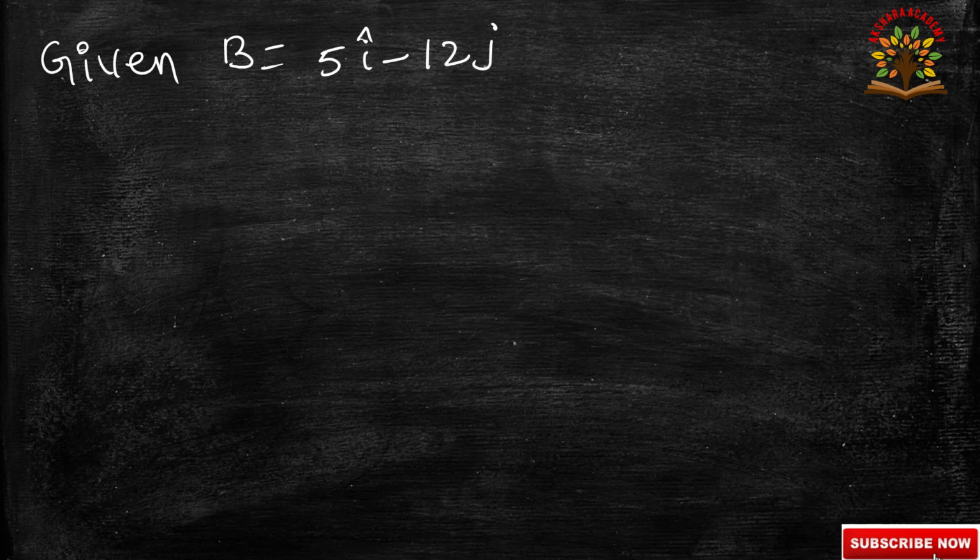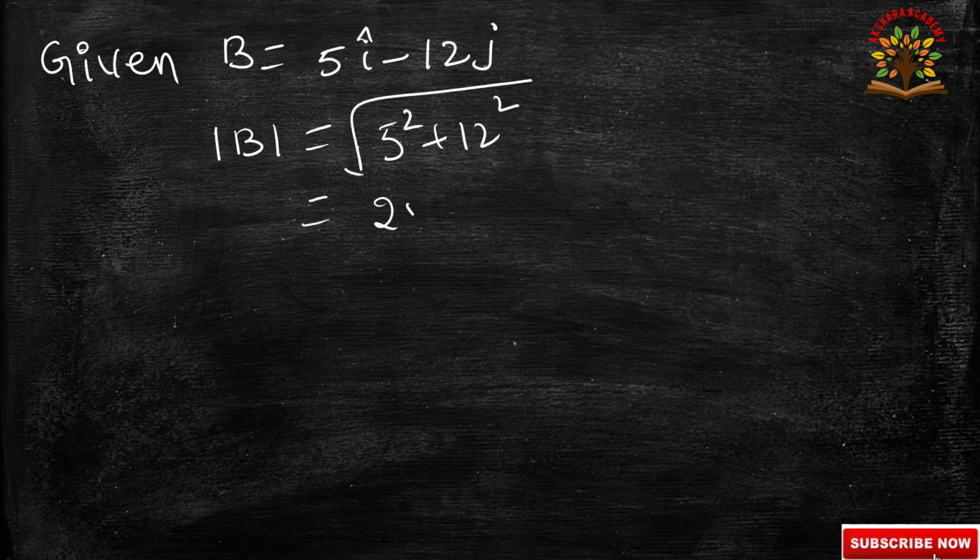Given b is equal to 5i bar minus 12j bar. Now we are finding modulus of b bar, that is equal to square root of 5 square plus 12 square. 5 square is 25 and 12 square is 144, which gives 13.